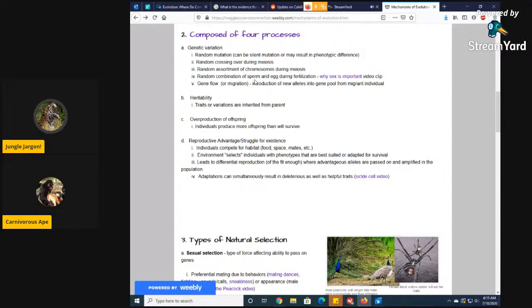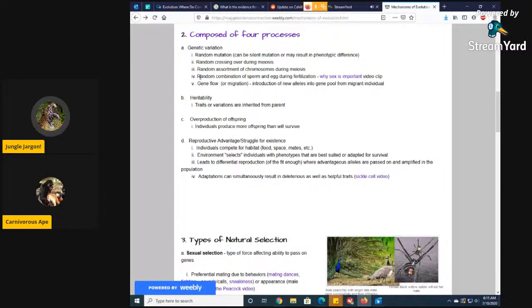Random combination of sperm and egg during fertilization. I don't suggest you click that link. Why sex is important video clip. Why sex is important. Gene flow or migration, introduction of new alleles into gene pool from migrant individuals.